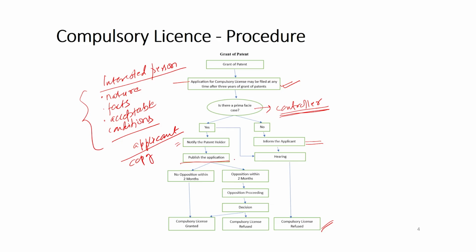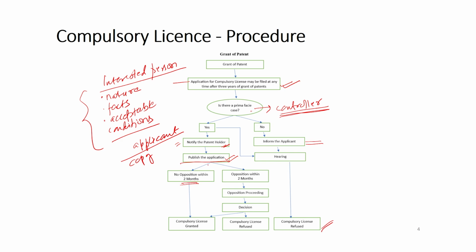After publication, within 2 months, if nobody raises any opposition to the claim of compulsory license, listen to me carefully, there is a prima facie case, the patent holder is notified, the application which according to the controller has some merit is published in the official Journal of the Indian Patent Office.